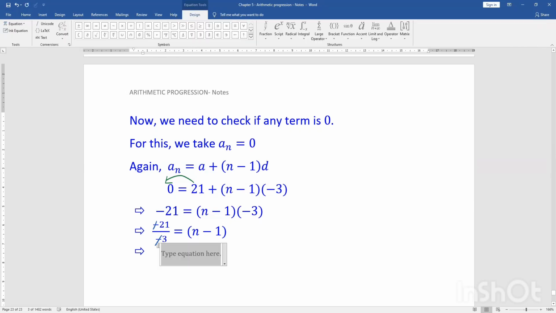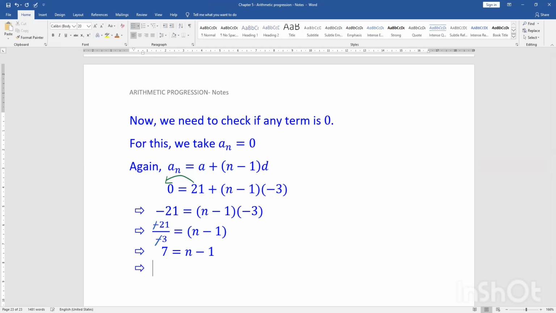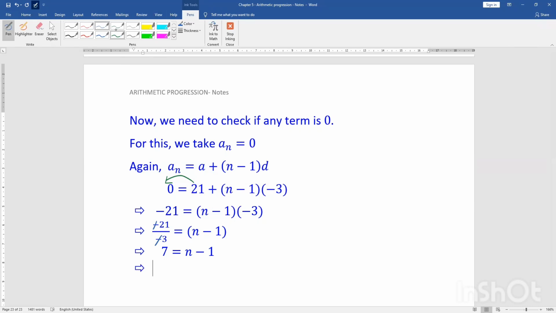So that means 7 equals n minus 1, because 3 and 21 get cancelled. So let us see the cancellation: 3 ones are 3, 3 sevens are 21.